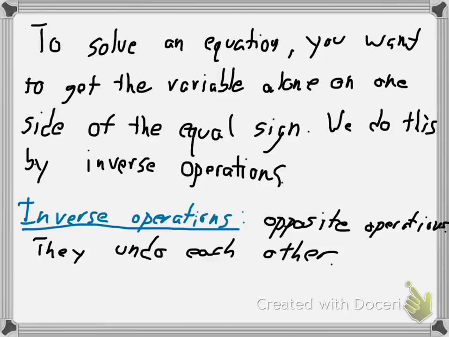We do this through something called inverse operations. Inverse operations are opposite operations, and we've talked about opposite operations already. Inverse operations undo each other. If we have an inverse operation, they end up canceling each other out or undoing each other.